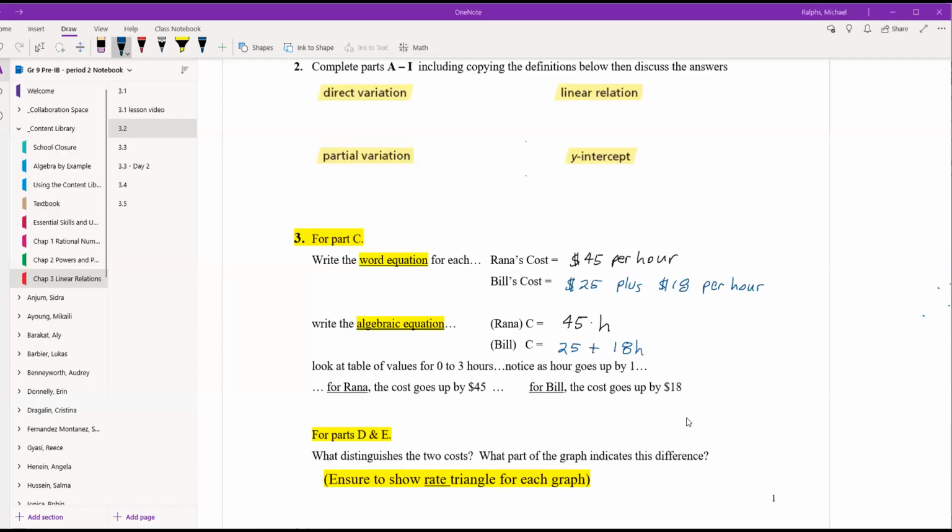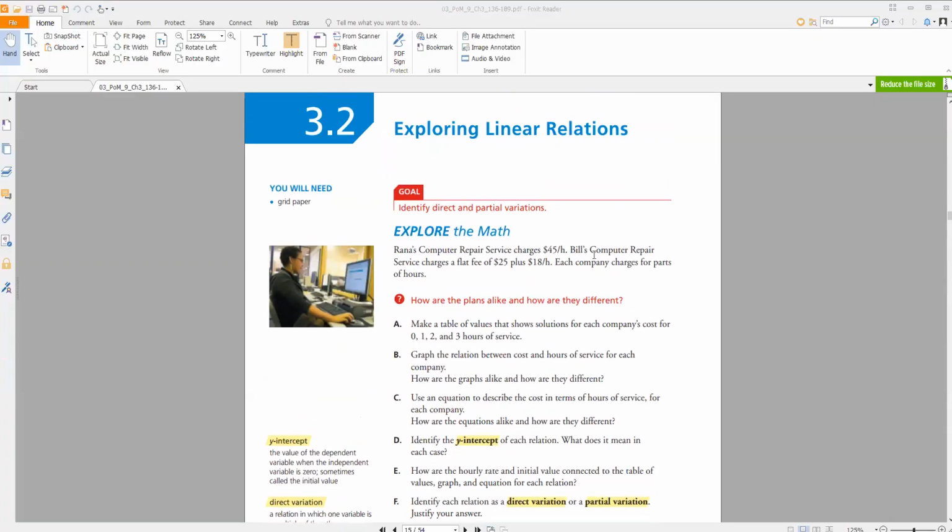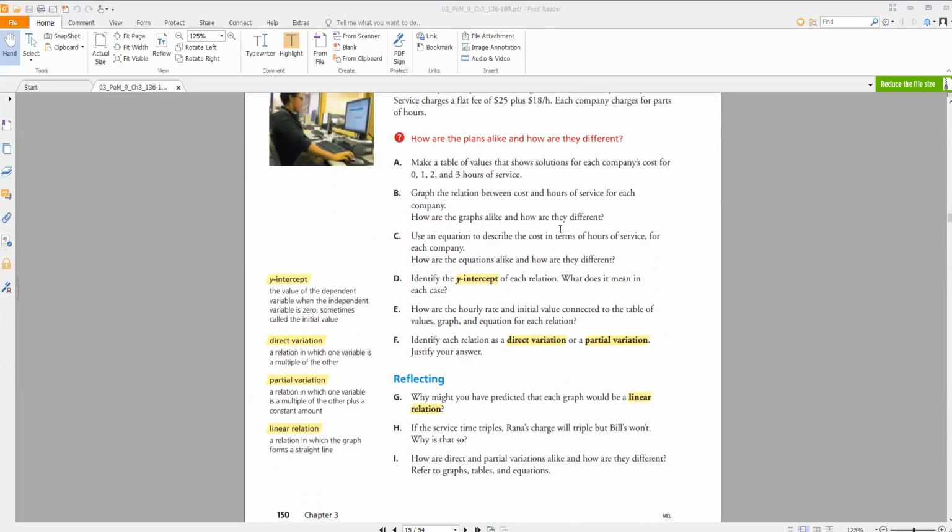And so we looked at a couple of things here. There's a couple of definitions, and these definitions actually are found in your textbook, and they are in the margin here on this page, on page 150. So we see the y-intercept, which I've mentioned. That's the value of the dependent variable when the independent variable is 0, sometimes called the initial value.